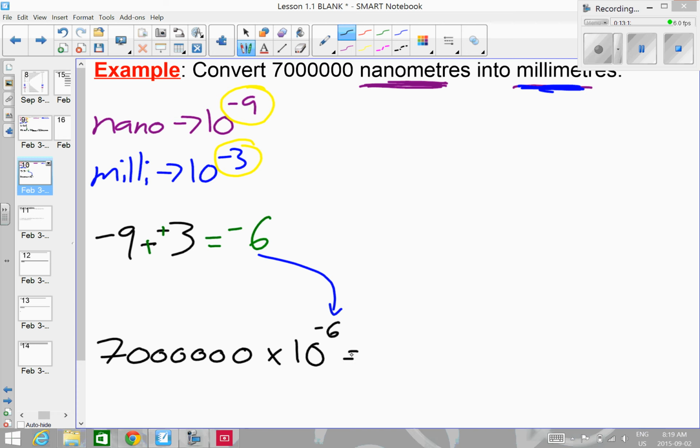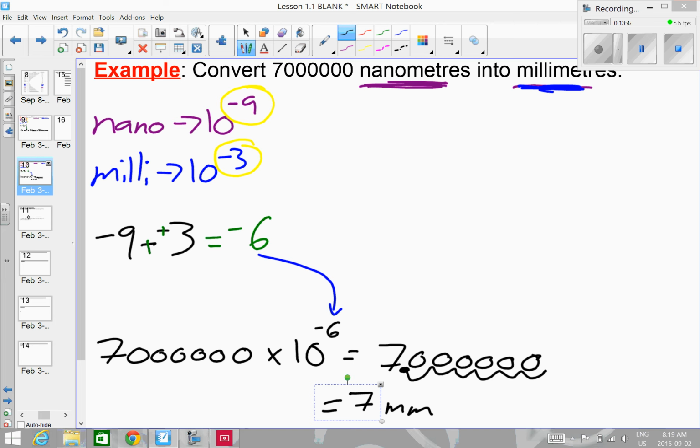So that means we're going to take our 7 million and move the decimal 6 spots, but because it's negative, it will be to the left. So 1, 2, 3, 4, 5, 6. So now our decimal is right there, which means we don't need to write all these zeros. So our answer is just 7 millimeters, and that's it.